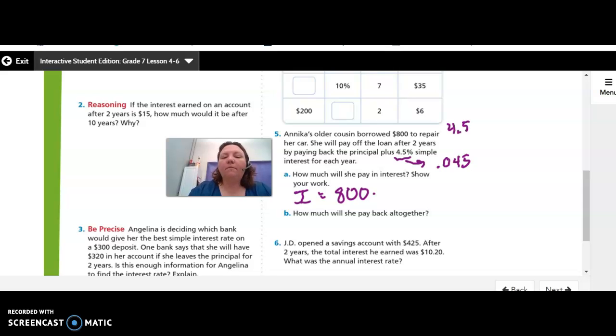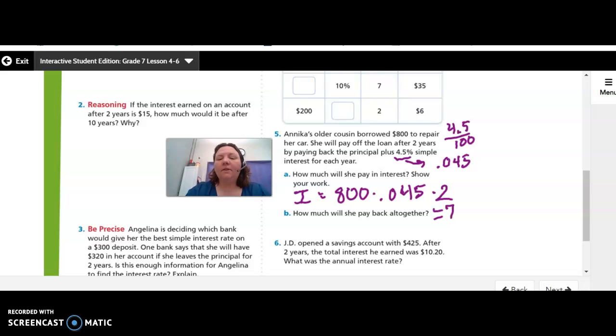We did 4.5 divided by 100 to turn it into a decimal of 0.045. And she's going to take 2 years to pay it off. So we're going to multiply by 2 to get this final answer. And so now we can actually do this in one step on our calculator. 800 times 0.045 times 2.